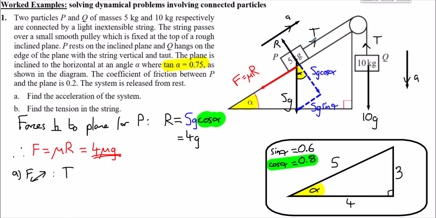We have a component of the weight, which is 5g sine alpha, and also we have mu R opposing it too, which is therefore minus 4 lots of mu g. And that will equal the mass 5 multiplied by the acceleration, so 5a.